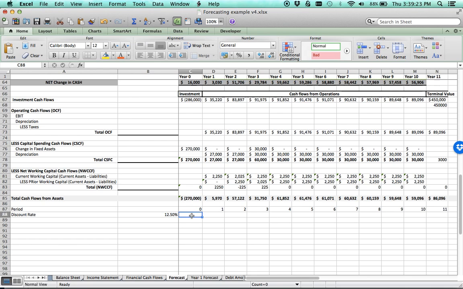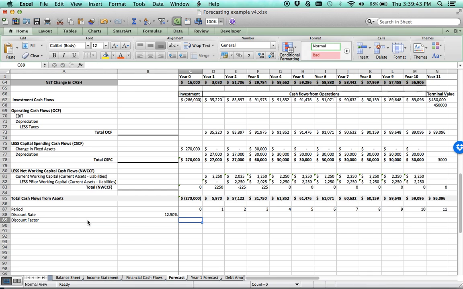So what we want to do is take all of these cash flows and discount them back to the present at the accepted discount rate. So literally we'll go through this process. I will calculate this separately for you so you can see it.